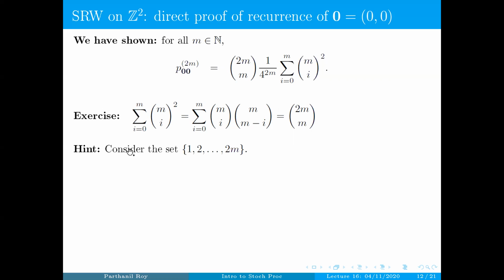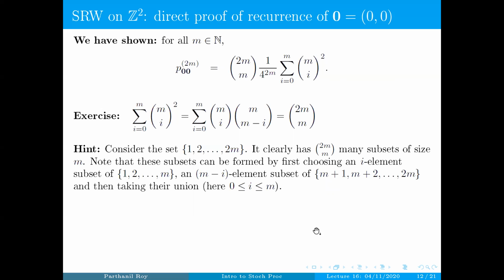Basically, consider the set 1 to 2m. Obviously, it has exactly 2m choose m many subsets of size m. Now, these subsets can be formed by first choosing an i-element subset from 1 to m, and then an (m minus i)-element subset from m plus 1 to 2m, where i runs over all integers from 0 to m.